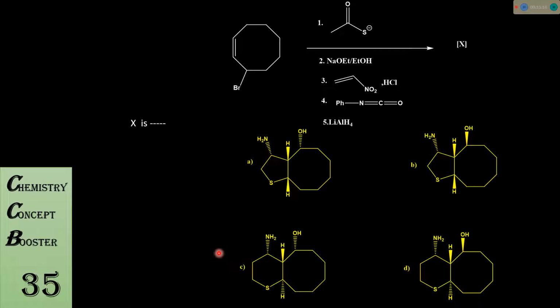So according to me, this is the proper and effective way to improve organic chemistry question solving power. So let's discuss the next question.